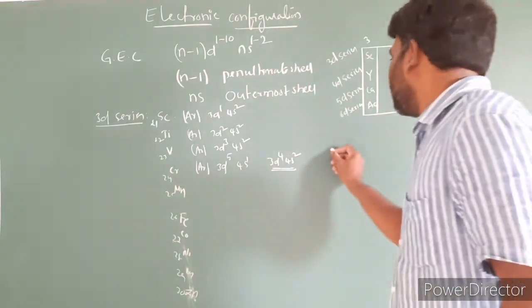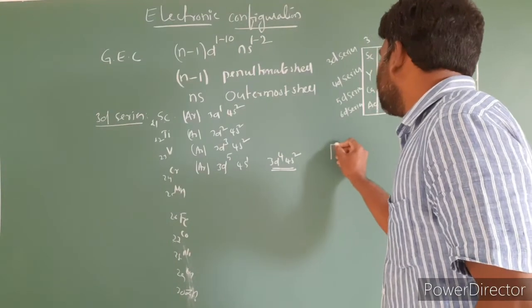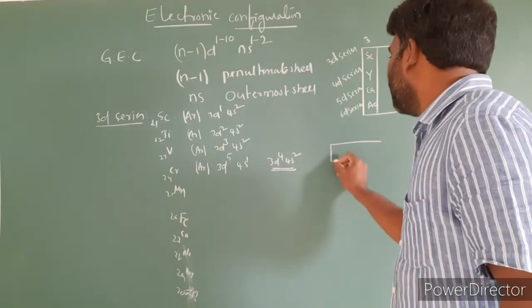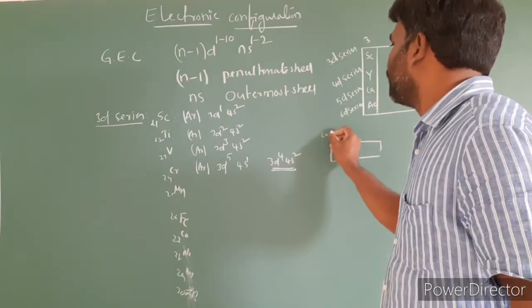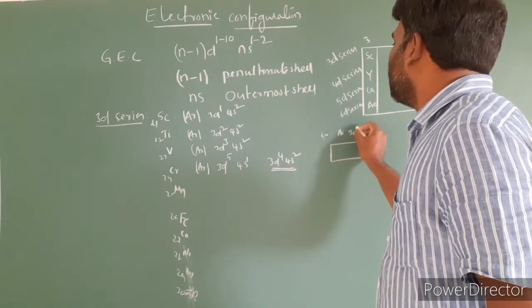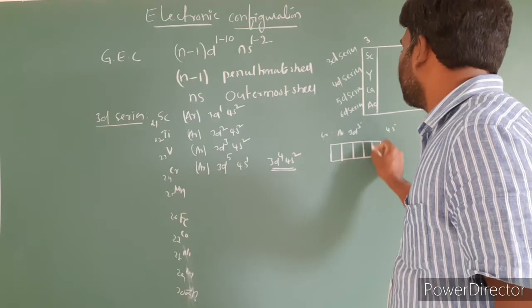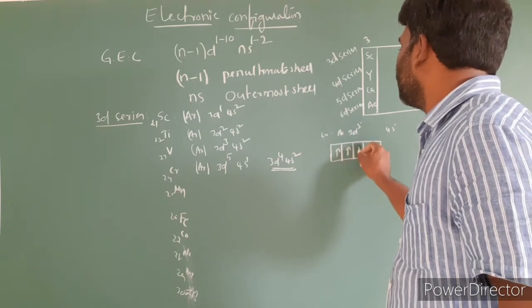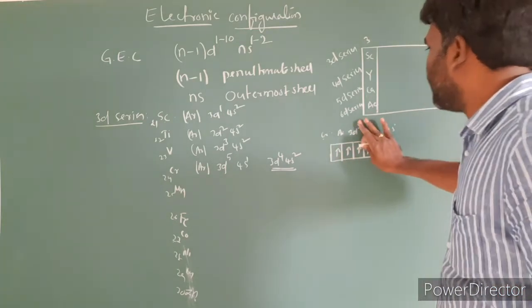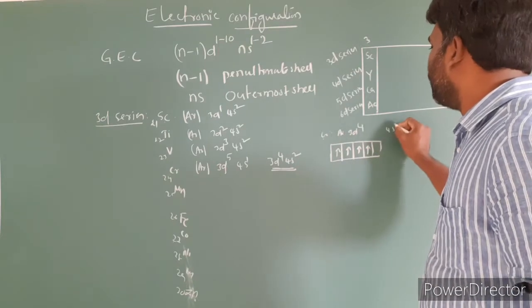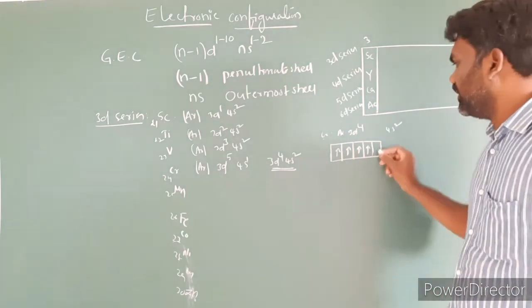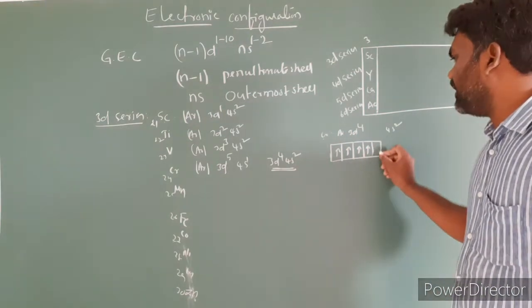Let's see what half-filled and completely filled means. Taking chromium, argon 3d5 4s1. If you take 3d4 4s2, there is an incompletely filled d orbital.